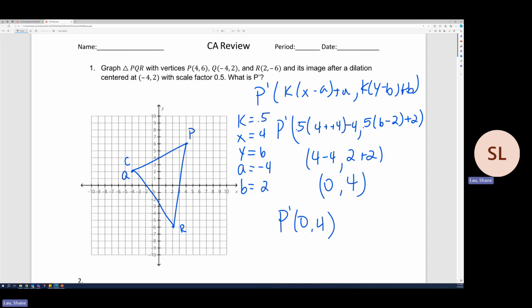Okay, if you're confused on the algebra of this part, you can just ask me about it. But otherwise, we will just move right along. And so our new point is going to be (0, 4), which is right here. So just in case you wanted to know, P prime. Okay, cool.